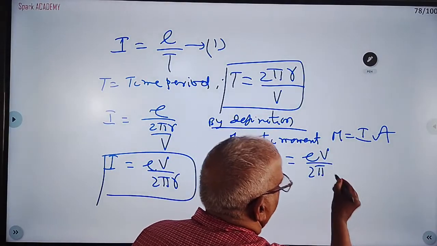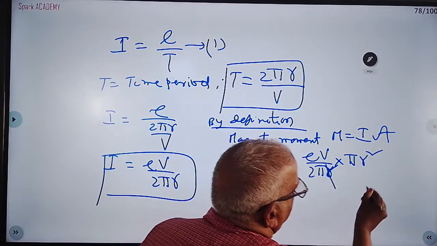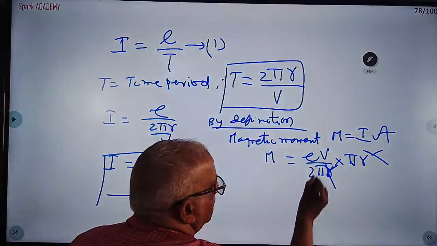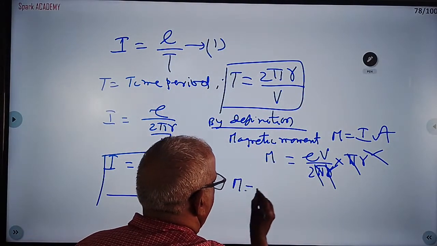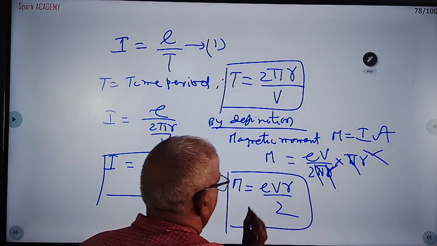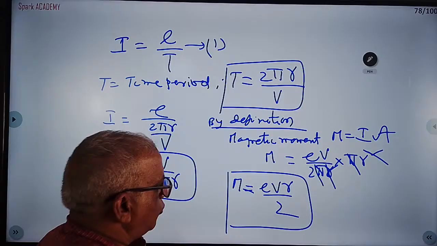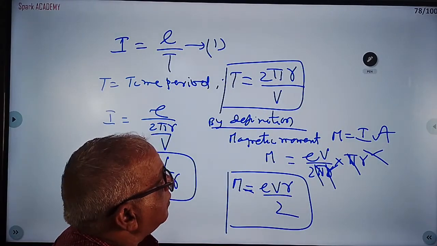Area means pi r square. r square gets cancelled, pi gets cancelled. So the magnetic moment of a revolving electron is evr by 2, where e is charge, v is velocity, and r is the radius.